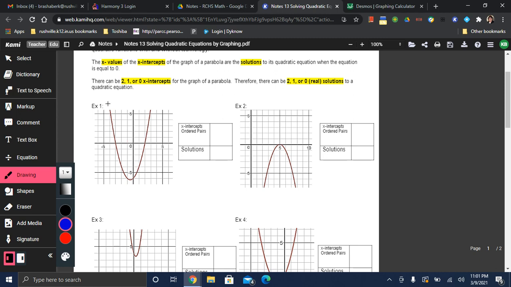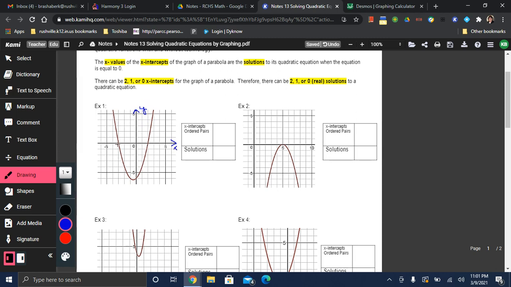So right now we're just going to take a look at graphs that I've already provided for you. And notice I didn't give you the equation, just the graph. The part that we're going to be looking at is where the graph crosses the x-axis. So this is your x-axis, and this is your y-axis. We're looking at where the graph crosses the x-axis.